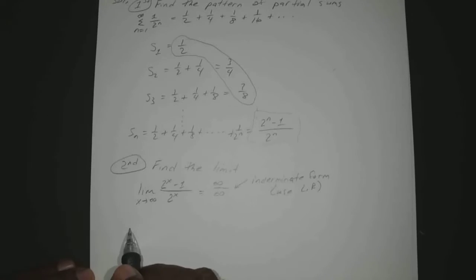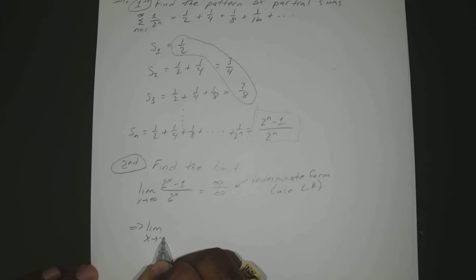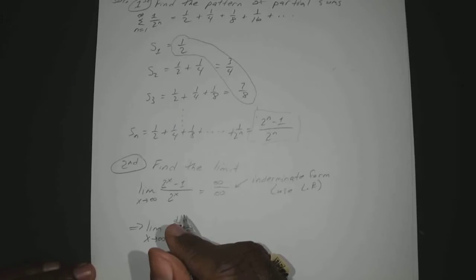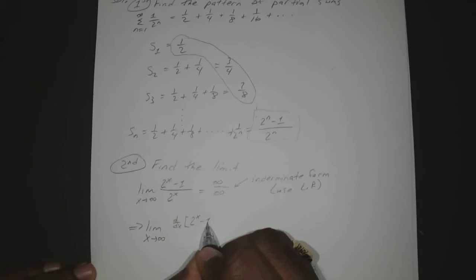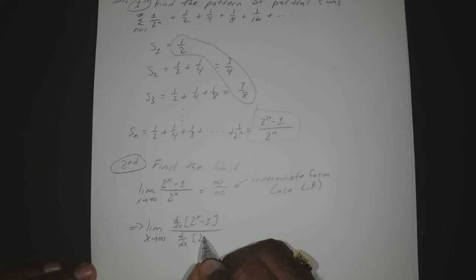That means we take the derivative of the numerator and denominator. So you have the limit as x approaches infinity of the derivative of the numerator, 2 to the x minus 1, over the derivative of the denominator, 2 to the x.